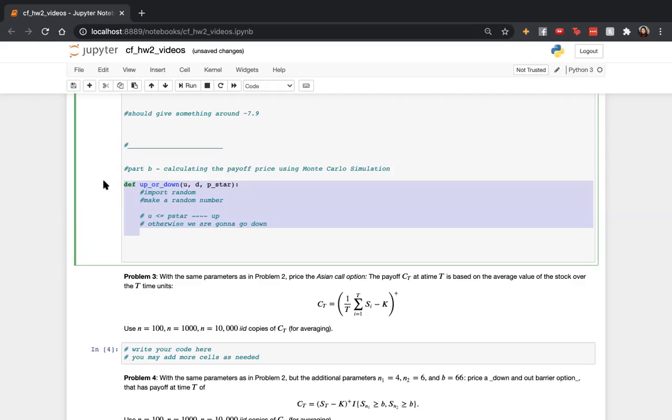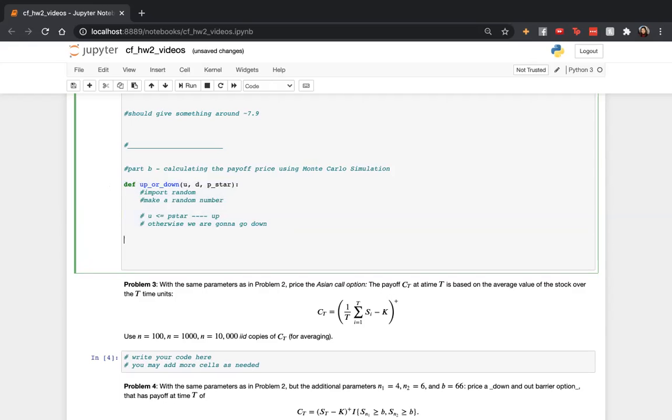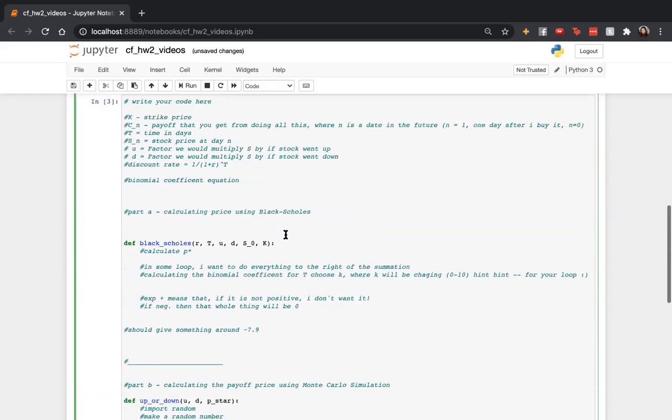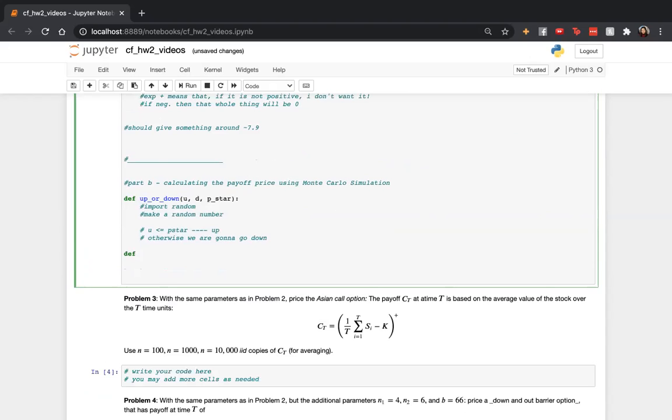So after we do that, then comes the actual part of calculating these states. What we're going to do here is make a second function that is going to calculate, I'm going to call it a path. Again, there are better names that you can give this, but this is just for my purposes of teaching you all. So we are going to calculate the path of a stock.